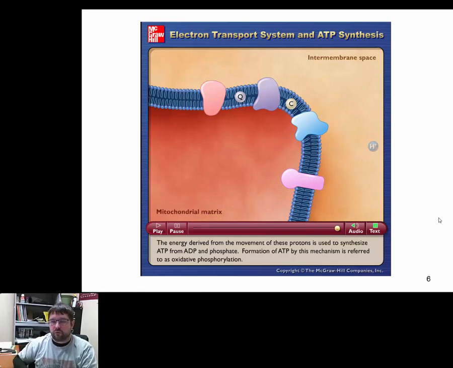Okay, so real quick, I just want to go off a little bit on a tangent, and that's really talking about this whole complex, the cytochrome C or cytochrome B complex, or really cytochrome anything complex. When we talk about evolution, we'll come back and talk about these because these transport systems occur in almost every single organism on the planet.